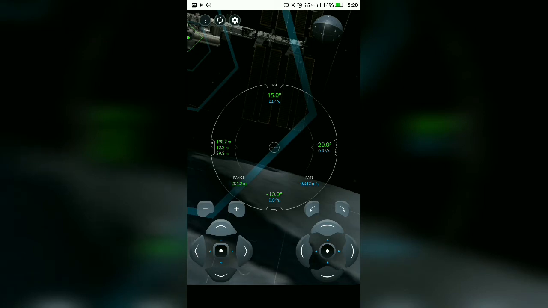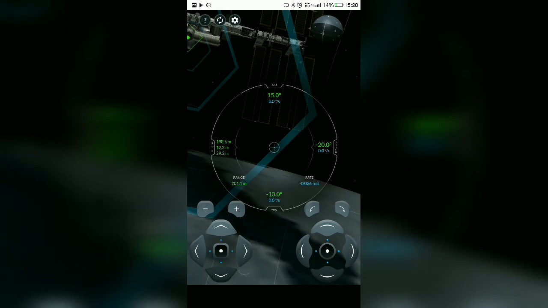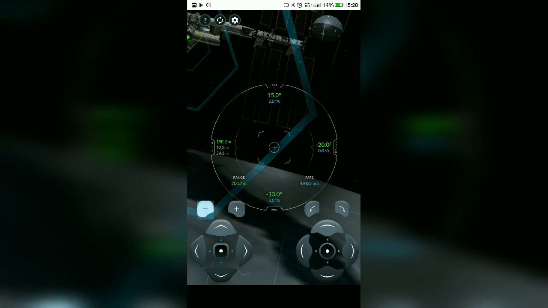Ironically, if you press plus, it would show a negative value, and if we press minus, it will show a positive value.